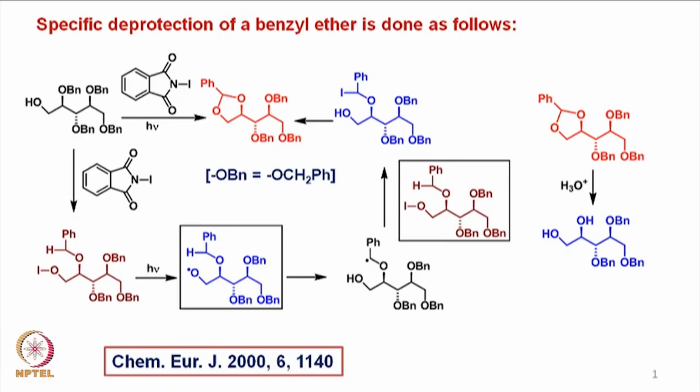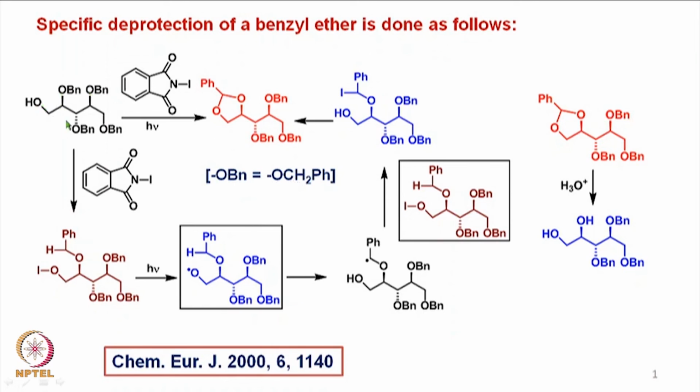Now, how do we make use of the hypohalite based chemistry in specific deprotection of a benzyl ether? If we take a compound of this kind which has 4 different types of benzyl ethers, a benzyl ether is nothing but an OCH2 phenyl group.